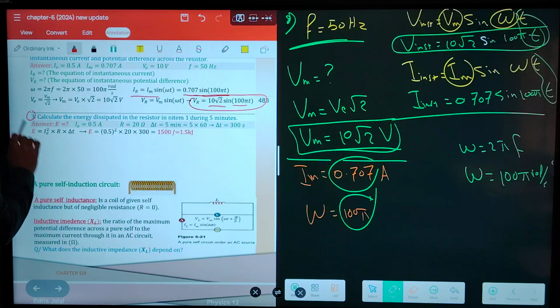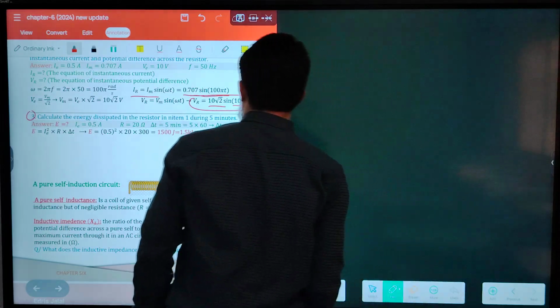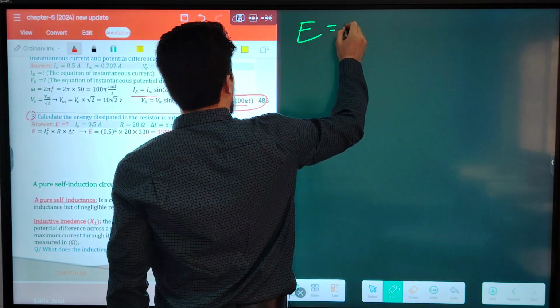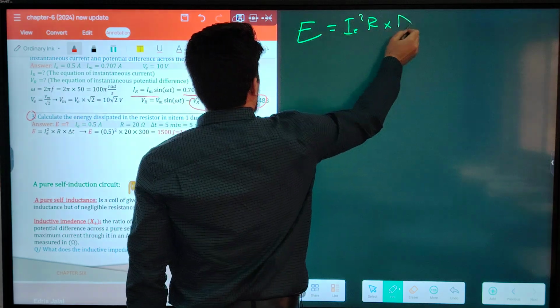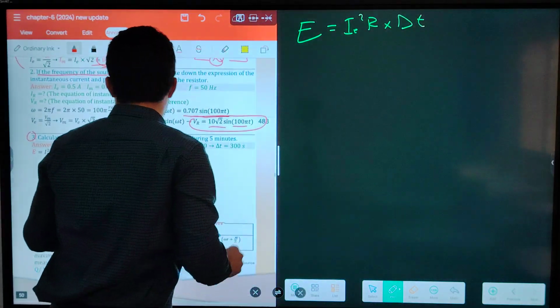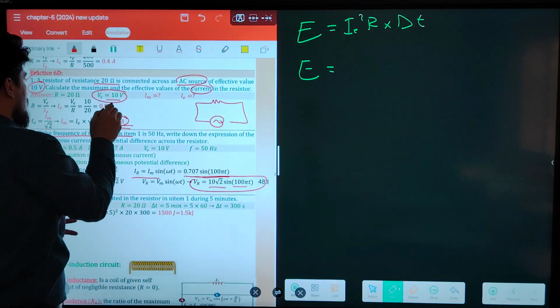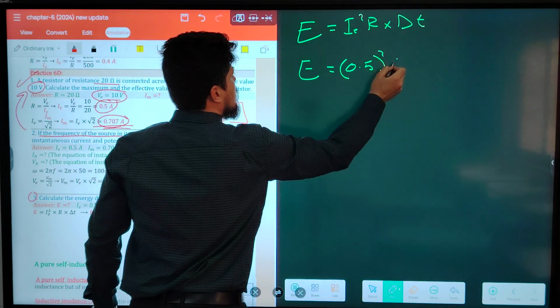Last question, calculate the energy dissipated in the resistor in item 1 during 5 minutes. What is unknown? Energy dissipated, which is equal to what? I square R times T. In item 1, do we have I? Question 1? Yeah, 0.5 squared.